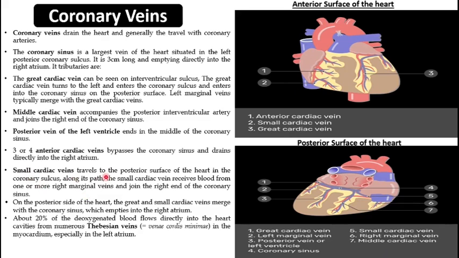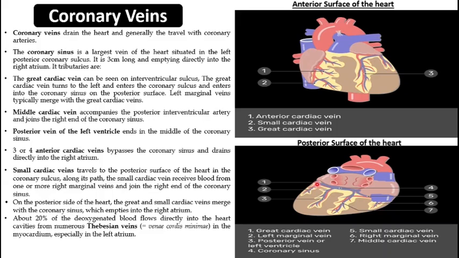Small cardiac veins travel through the posterior surface of the heart in the coronary sulcus. The coronary sulcus is the groove which is present between the atrium and the ventricle. So in that groove, the small cardiac veins travel and the coronary sinus also travels. So this is the groove which is known as the coronary sulcus, present between the atrium and the ventricle.